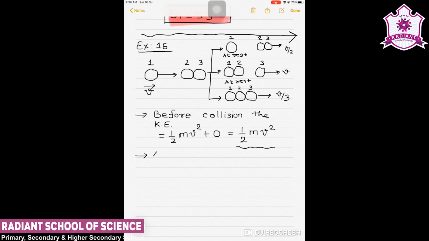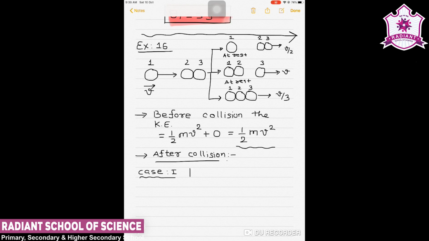After collision, because in an elastic collision kinetic energy is always conserved, we check case 1. In case 1 it is given that both balls start moving with speed v by 2.